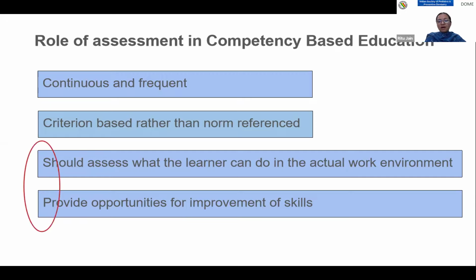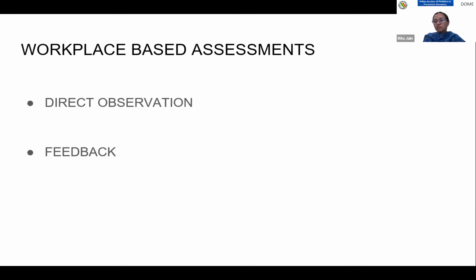So when we talk about assessing what the learner can do in the actual environment and providing opportunities for improvement of his skills, that brings us to the two most important components of workplace-based assessment.